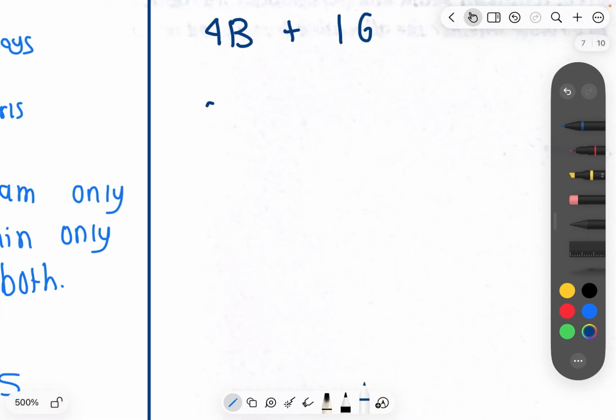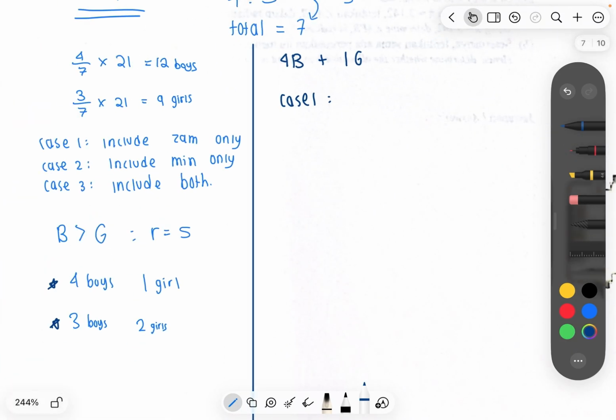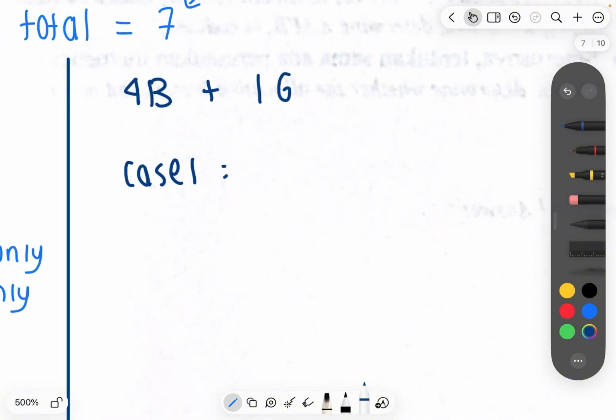I'm going to do case 1. Let's say we choose Zam only. So 4 boys, total boys how many? Boys is 12, right? But because I want to choose Zam, this becomes 11.